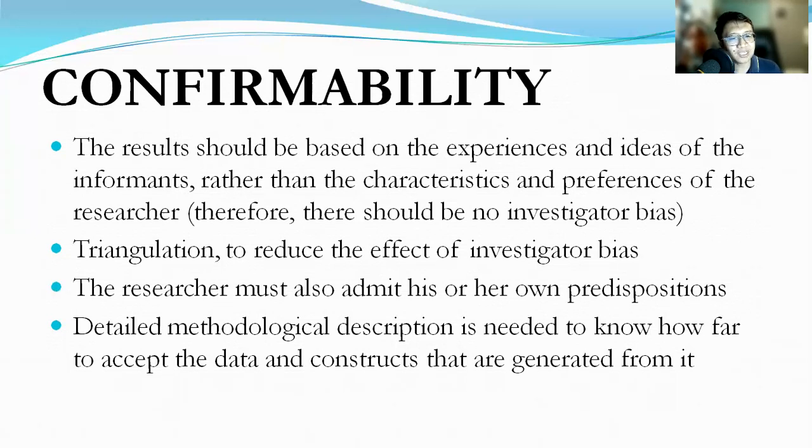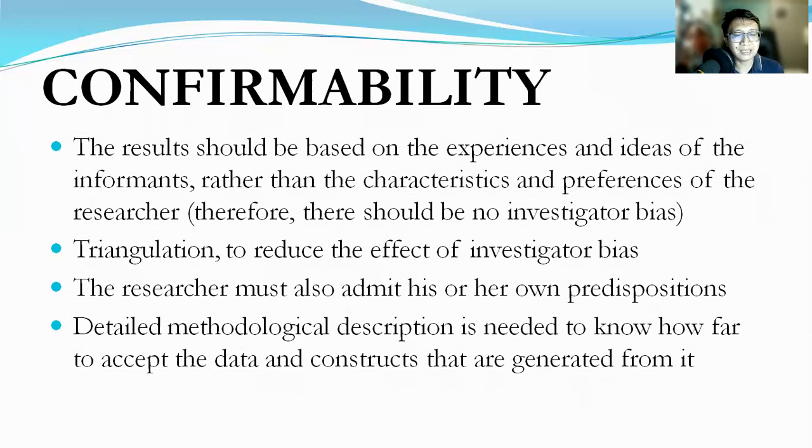We can do triangulation to reduce the effect of investigator bias, or the researcher must also admit his or her own predispositions. For example, a priest studying abortion might disclose in the qualitative research paper that he is a priest, and I believe that life is blah blah blah.